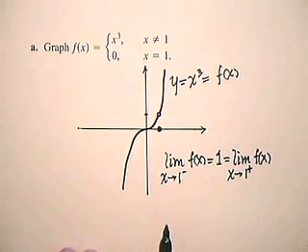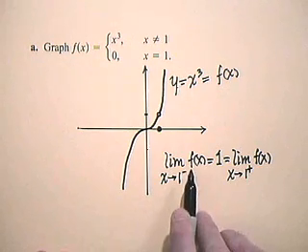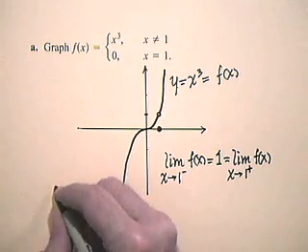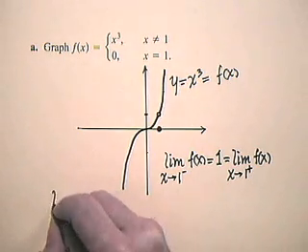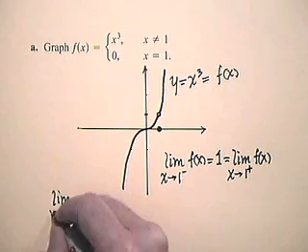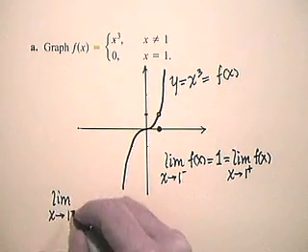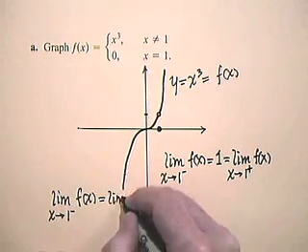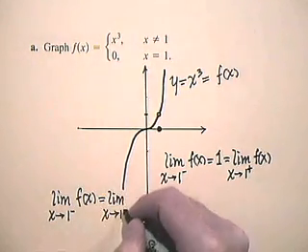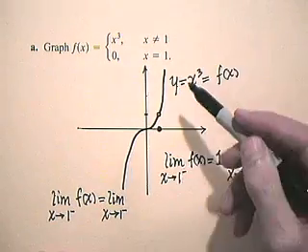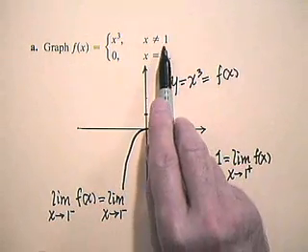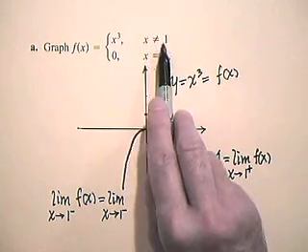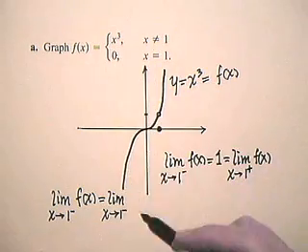Now, to actually compute this limit rigorously, for the left-hand limit, the limit as x approaches 1 from the left of f of x is the limit as x approaches 1 from the left of the expression which is valid to the left of 1. Well, if x is to the left of 1, it's certainly not equal to 1, and so the valid expression is x cubed.